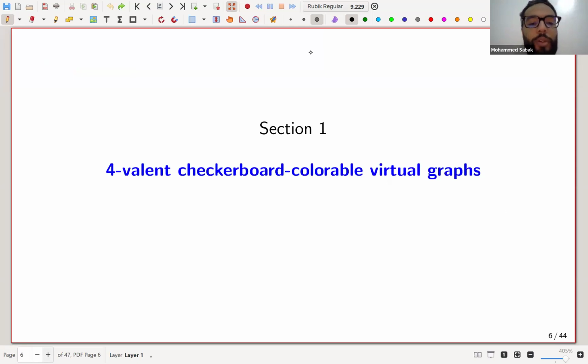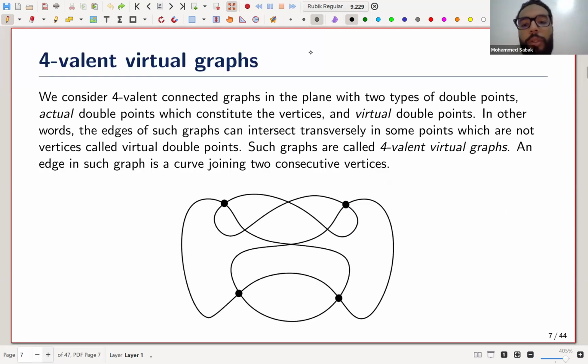Let's start talking about four-valent checkerboard colorable virtual graphs. A four-valent virtual graph is a four-valent connected graph in the plane, and we will have two types of double points: the actual double points, which are the vertices, and the other double points, which are called virtual double points. An edge in such a graph is a curve that joins two consecutive vertices.